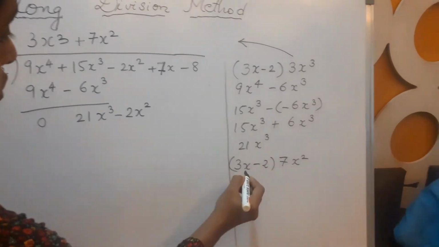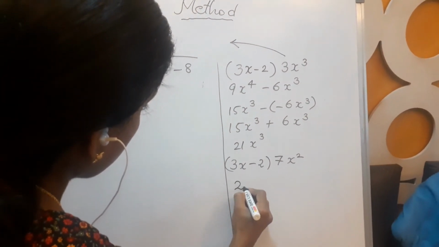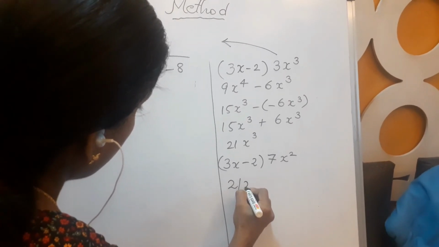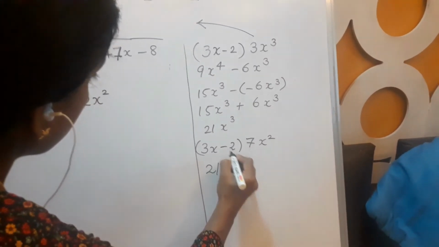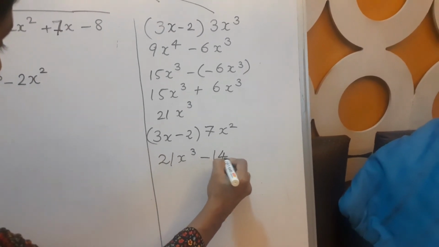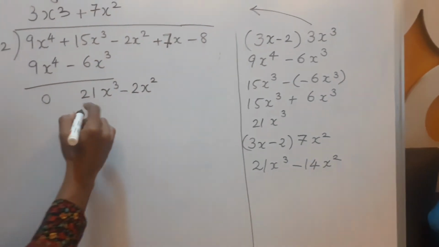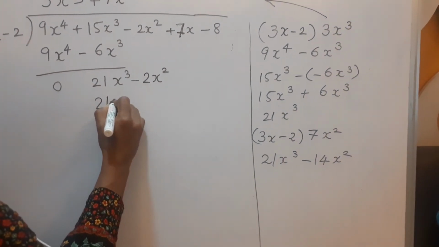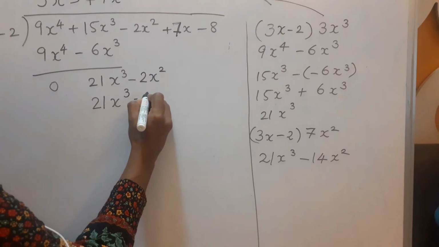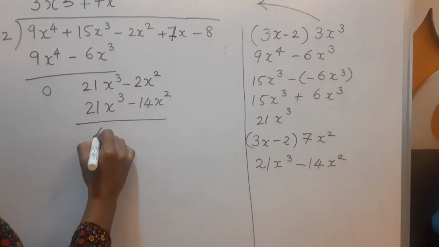Alright, now solve this. 7x square into 3x will give you 21x cube minus 2 into 7x square, that is 2 sevens are 14x square. This you immediately transfer here. So that becomes 21x cube minus 14x square. 0.